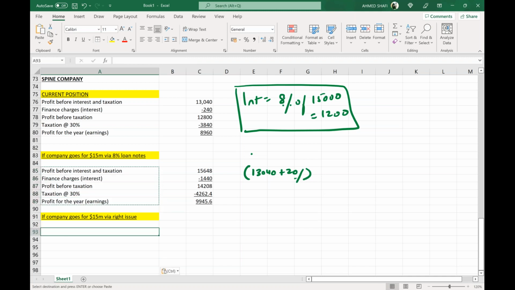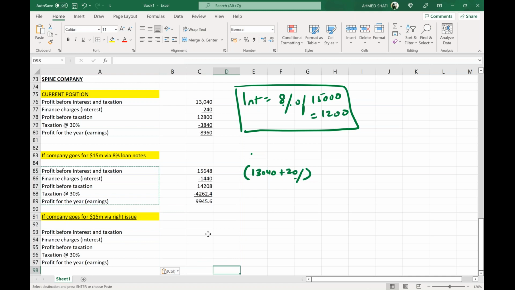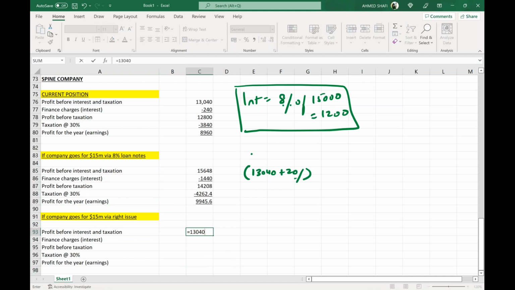What will be the position? The PBIT, which currently stands at 13040, since you are investing 15 million via equity now, profit will increase by 20%, to 15648. But if you are raising 15 million via a rights issue, does your finance cost or interest cost have to increase? Obviously no, interest cost won't increase because you have not taken loan notes, so this will remain at 240.